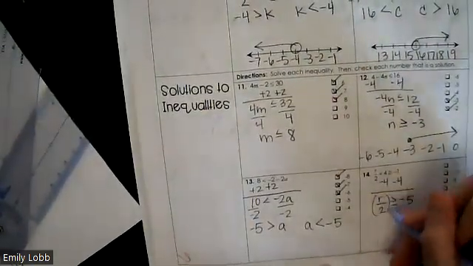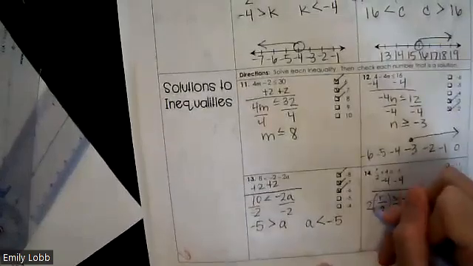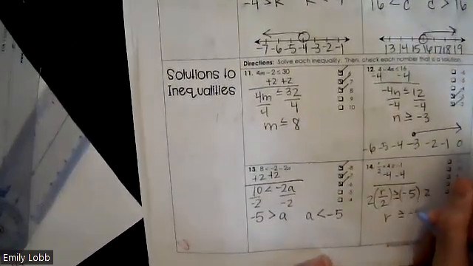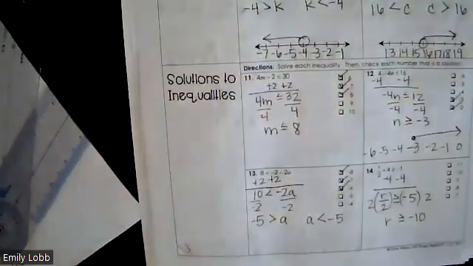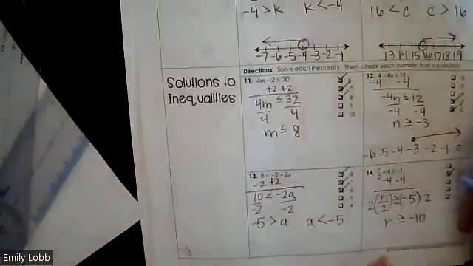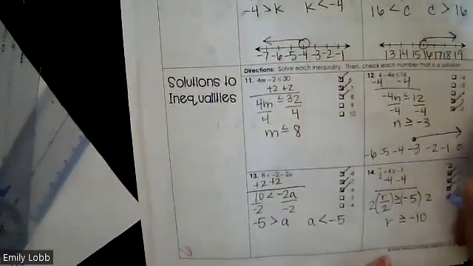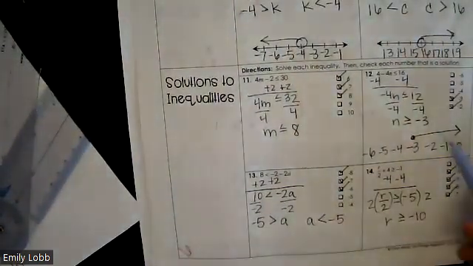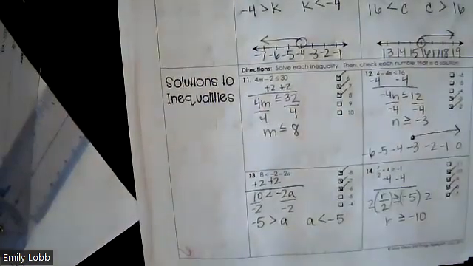So if I'm multiplying both sides by 2, r is greater than or equal to -10. Is -11 greater than or equal to -10? No. Is -10 greater than or equal to -10? Yes. -9, -8, -7. If you're getting stuck on these, draw a picture like we did here, right?